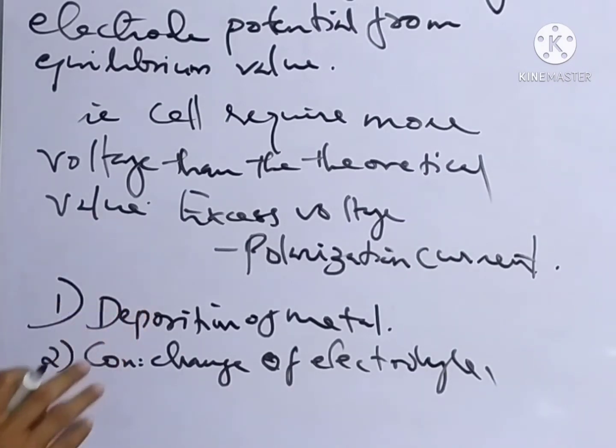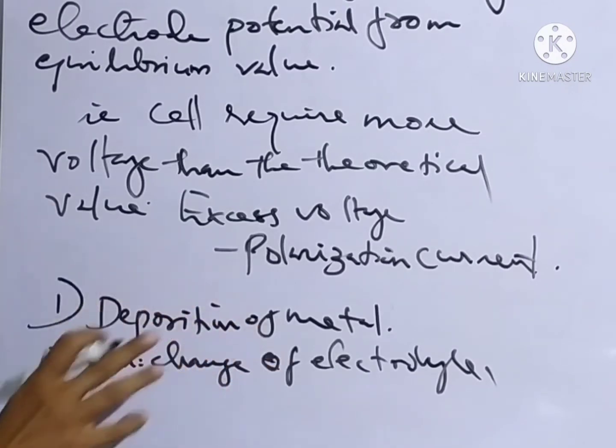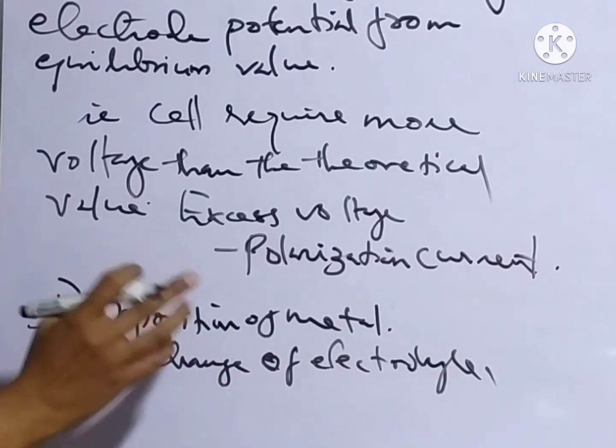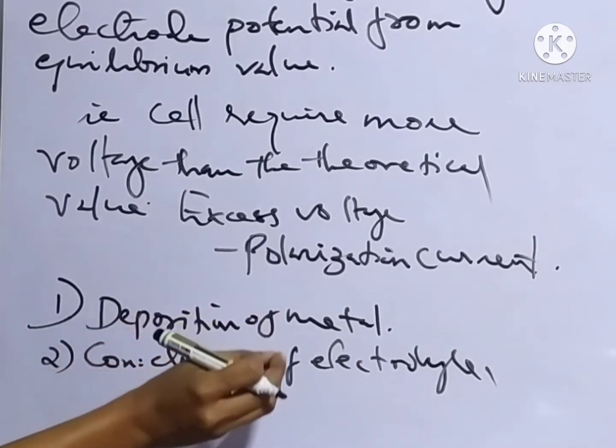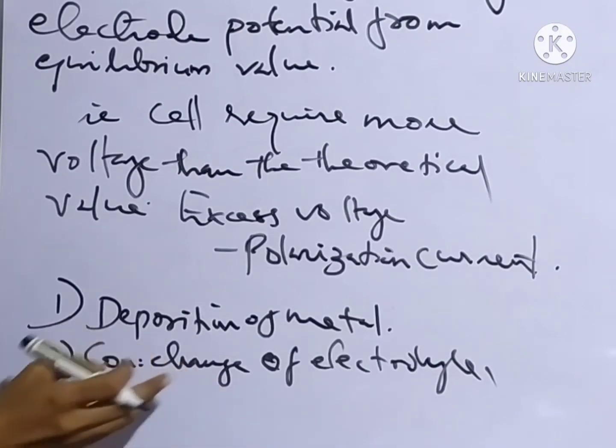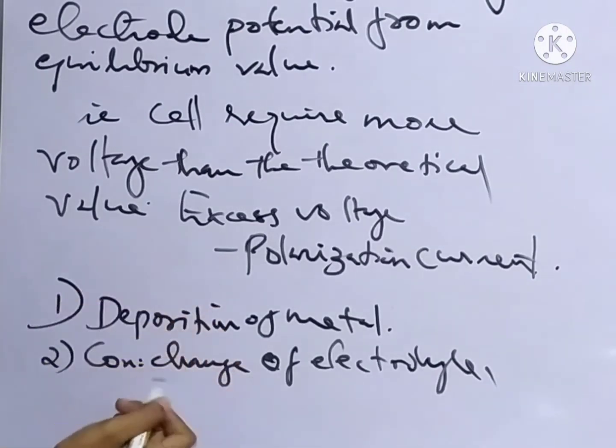So if there is any change in the concentration of the electrolyte, that will directly depend on the potential of the cell. And the change in equilibrium potential value from the theoretical value, where the concentration is changed, is known as concentration polarization.